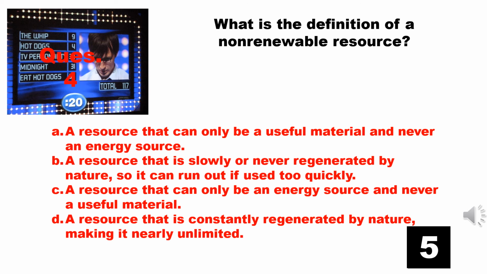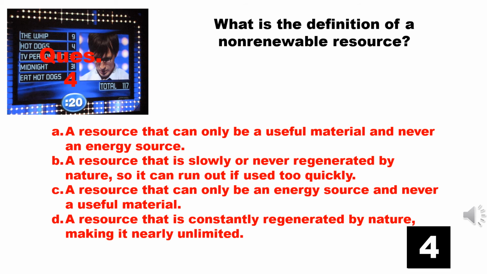Going on to question number 4. What is the definition of a non-renewable resource? Your choices are A, a resource that can only be a useful material and never an energy resource, or B, a resource that is slowly or never regenerated by nature so it can run out if used too quickly, or C, a resource that can only be an energy source and never a useful material, or D, a resource that is constantly regenerated by nature, making it nearly unlimited.